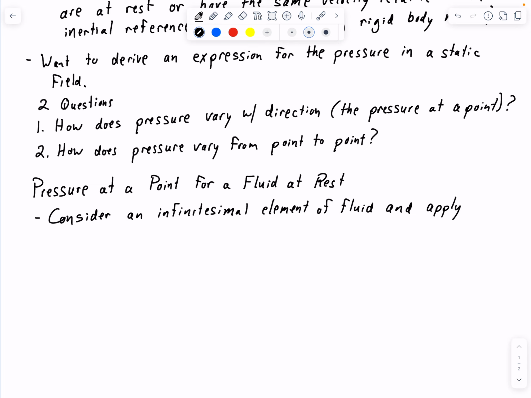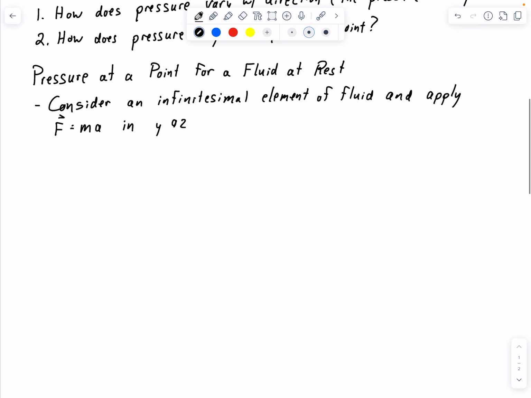So we're applying force equals mass times acceleration, in the y and z directions. We're not going to worry about the x direction in this case. Let's define our coordinate system here. We have x coming out of the page, y going to the right, and z going up.